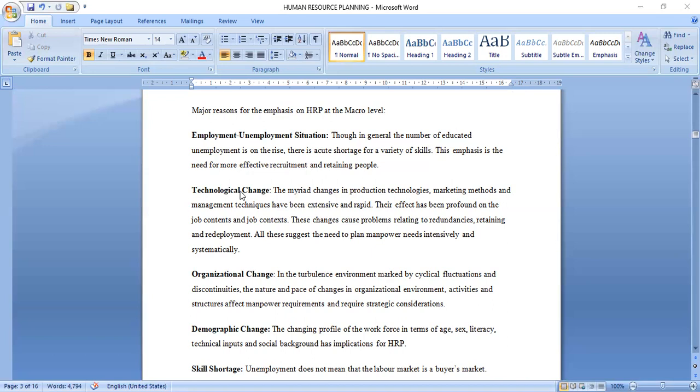Then also technological change. So because of technological change, basically this is like reasons that lead to the need of what? Of human resource planning. So in a number of instances, we've had technological change.